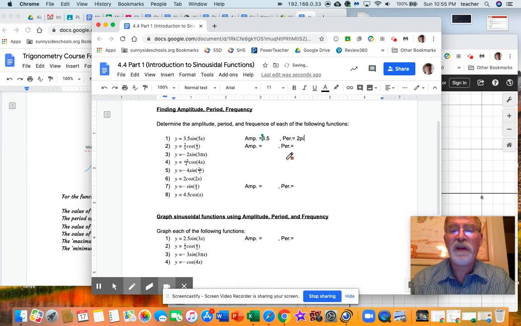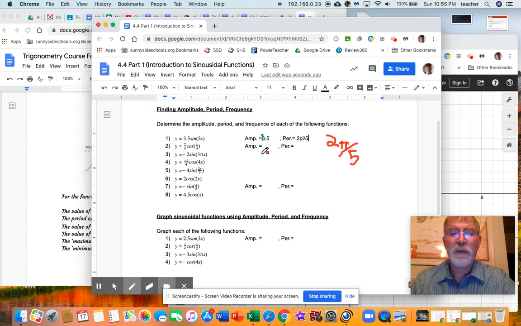Sorry about this, I'm having trouble writing pi. Where does the 5 come from? It comes from my value of b. So my actual answer would be 2 pi divided by 5. That's how I would write it on the piece of paper.